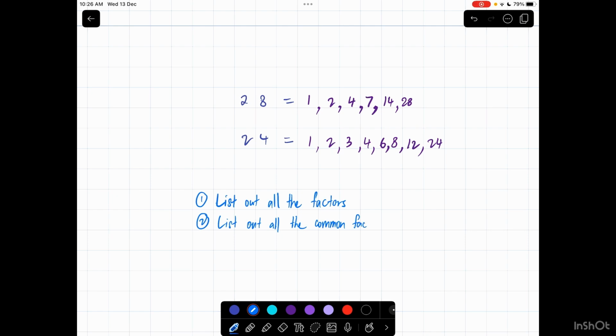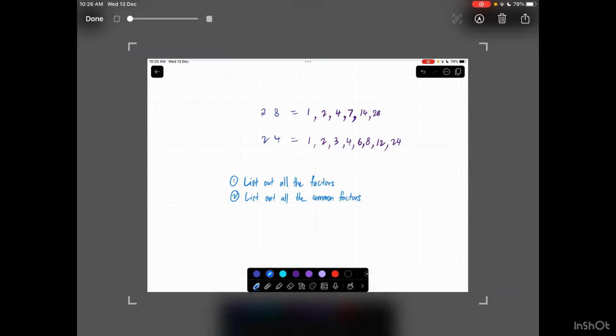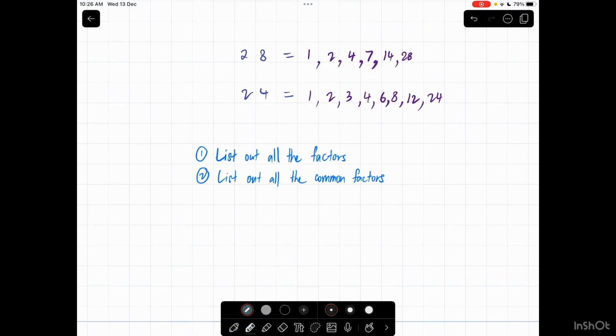Common factors are the factors, as I said earlier, that appear in both lists. So in both of these lists, the common factors are, firstly, 1 appears in both, then 2 appears in both, then 4 appears in both, and after 4, that's it.